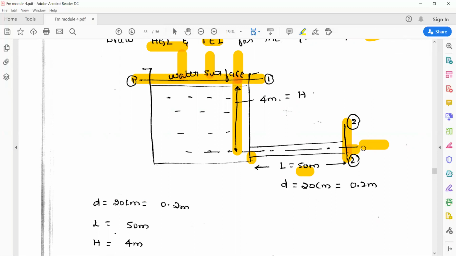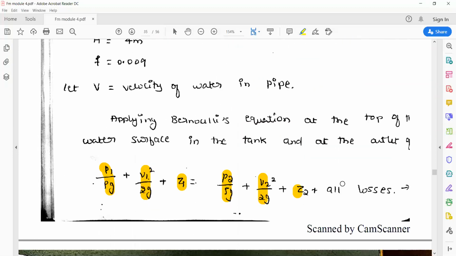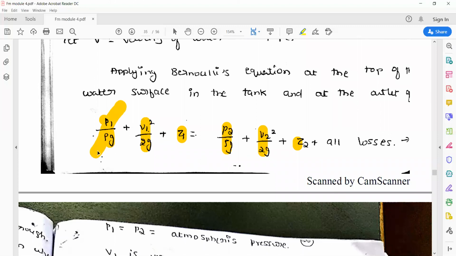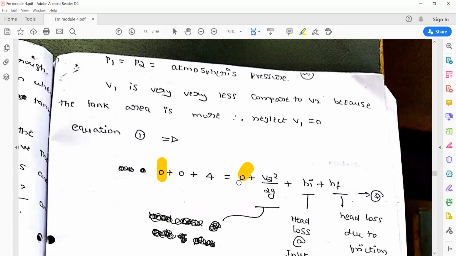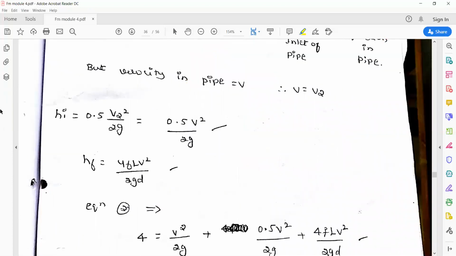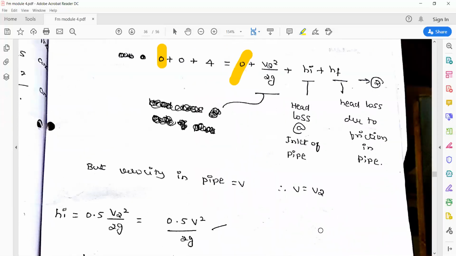So P1 by rho g and P2 by rho g, the pressure heads at sections 1 and 2, remain the same and both get cancelled. That's why they have taken 0 at both places.